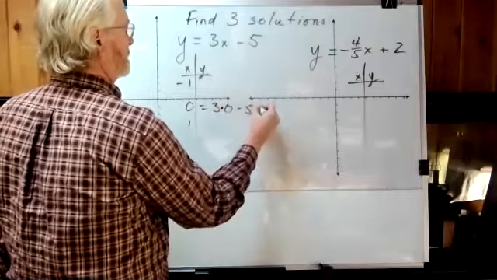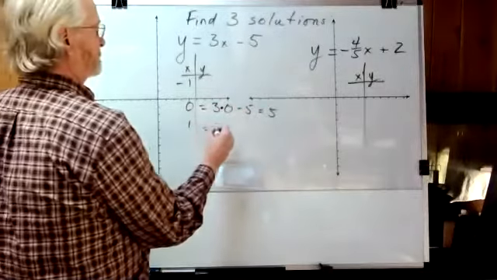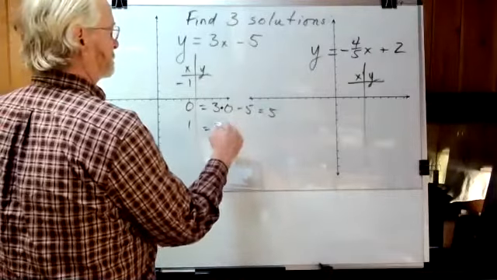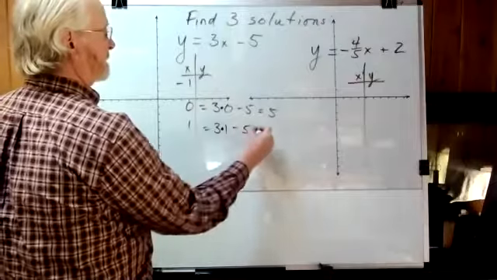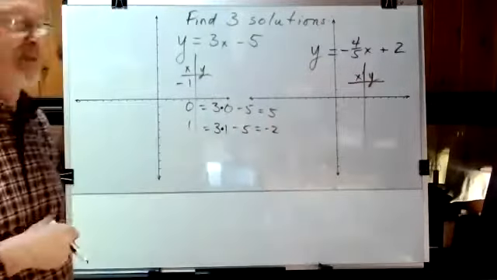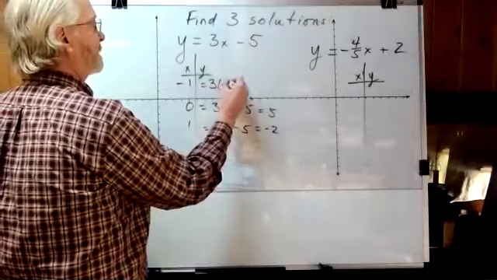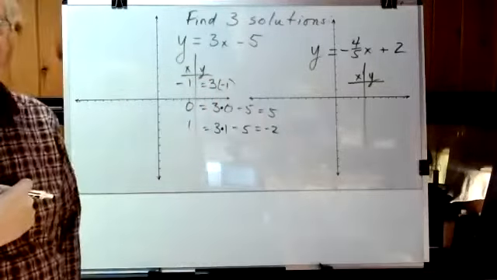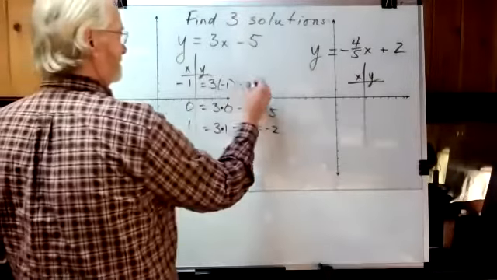And then for replacing the X with 1, I did 3 times 1 minus 5. I ended up getting Y equals -2. So 3 minus 5 is -2? Yes. And then for replacing the X with -1, I did 3 times -1 minus 5. I ended up getting -8.